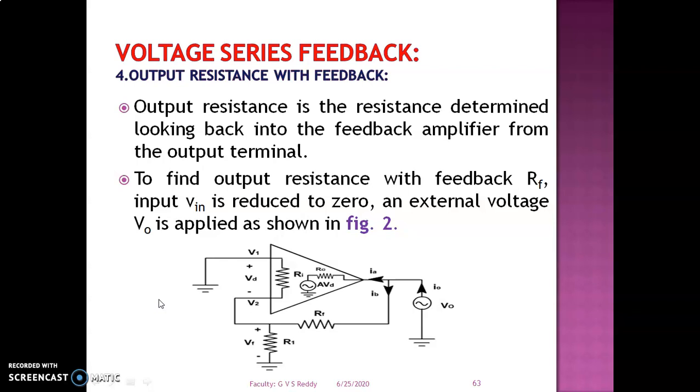The second condition, an external predefined voltage source, that is say VO, is applied, which was shown in the figure. Here, V1 is grounded, that is VIN reduces to 0 volts, and at output, a source having the voltage VO is applied.